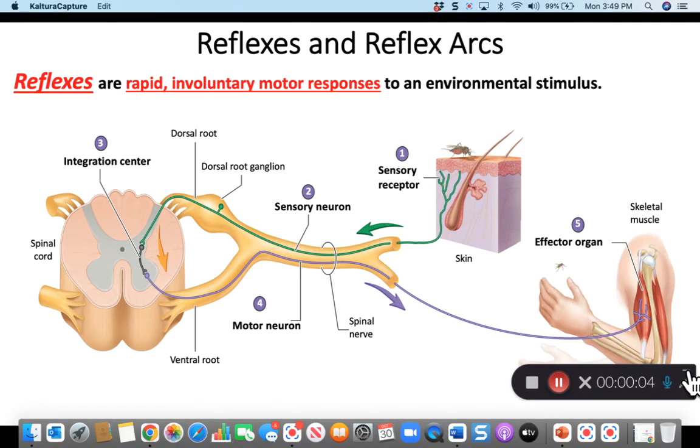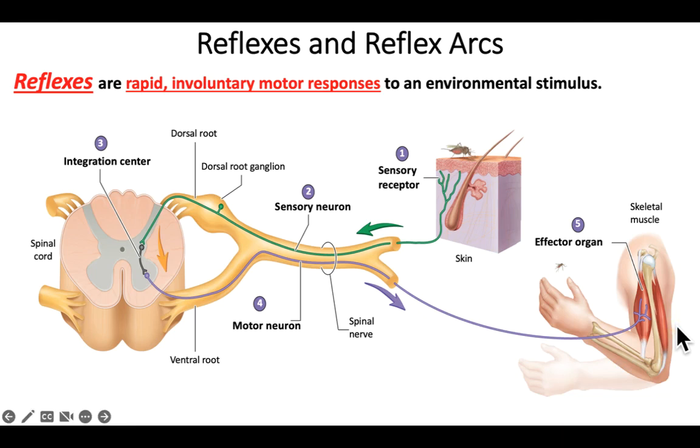Okay, so as I mentioned at the end of the previous video, reflexes are very rapid, involuntary responses to some type of stimulus. And reflexes are all part of a protective mechanism, and we'll talk about what some of these are protecting against. But we can also utilize them to assess nerve function, right?